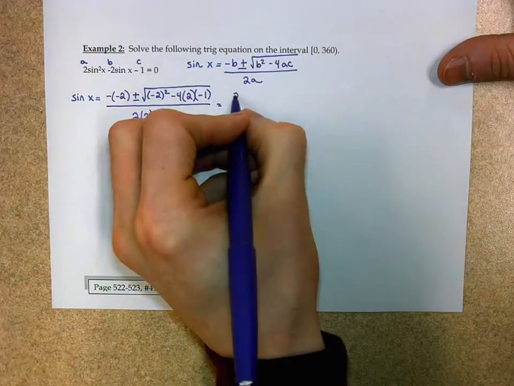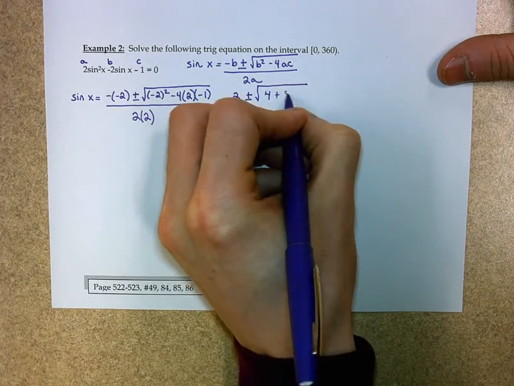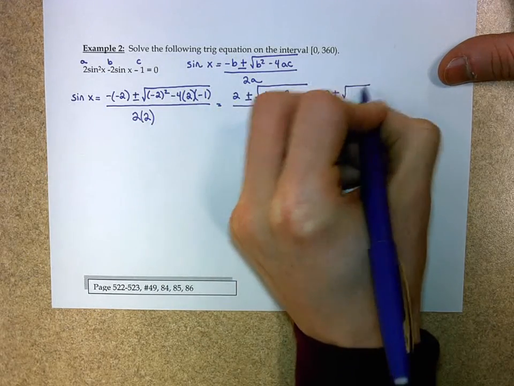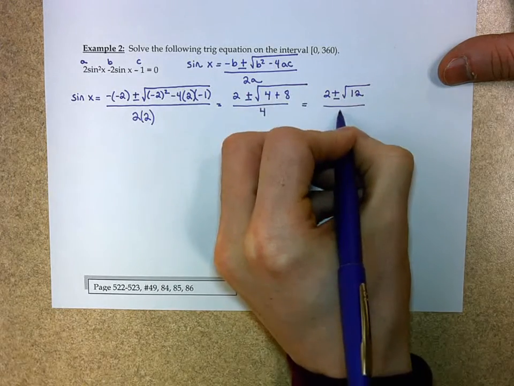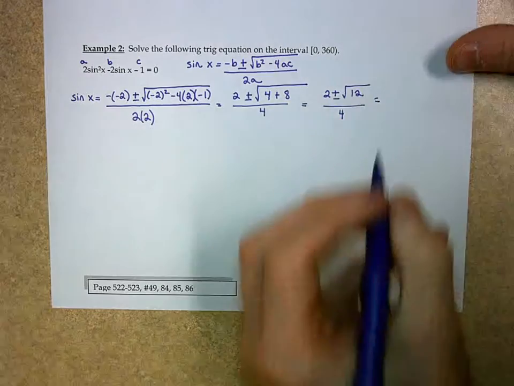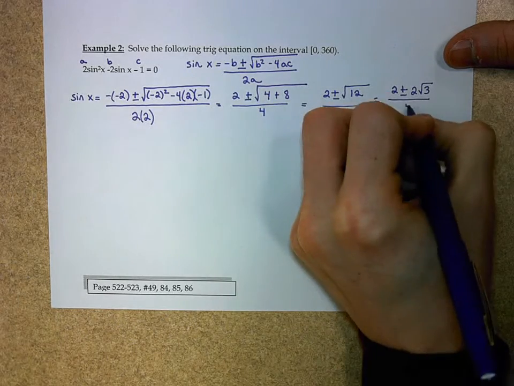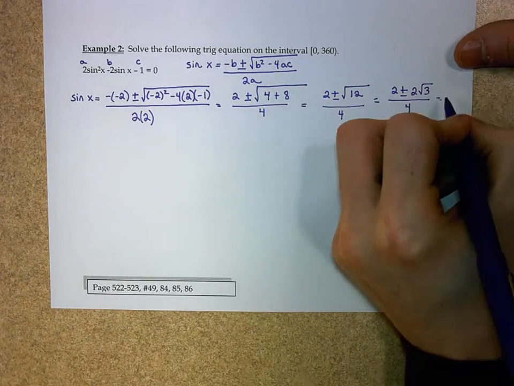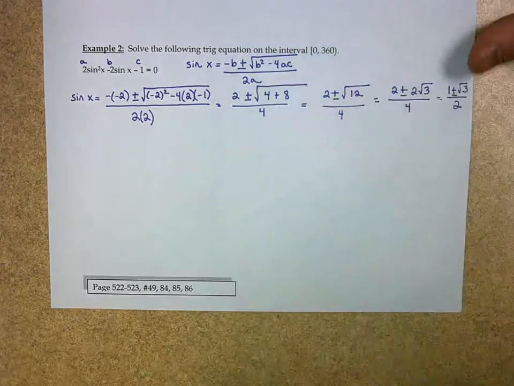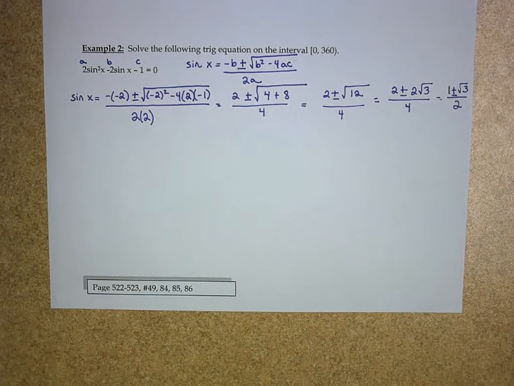And we'll go through and simplify that. 2 plus or minus the square root of 4 plus 8 over 4, which is 2 plus or minus the square root of 12 over 4, which the square root of 12 simplifies to 2 square root of 3. And then finally we cancel out a 2. So we end up with 1 plus or minus the square root of 3 over 2.